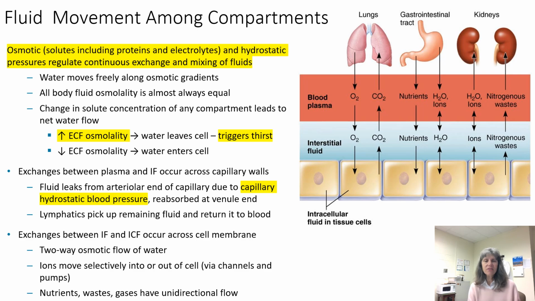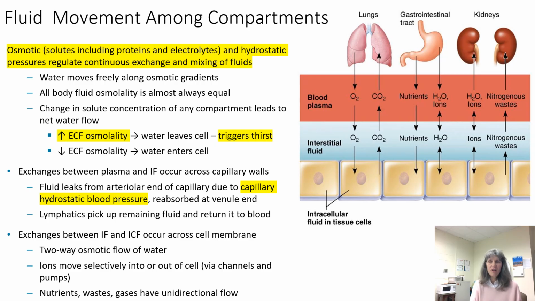For instance, if there is an increase in the osmolality, so the solute concentration in the extracellular fluid outside the cells, that means that the water that's inside the cells is going to leave to go outside the cell, and that actually also triggers thirst.